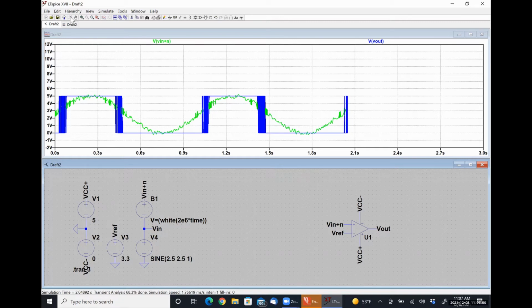So it doesn't matter what frequency our circuit is operating at, it's just going to add a little bit of variation, some above, some below. It has a Gaussian distribution, so you're not going to see a spike of 1,000 volts or anything like that. It's just going to be in a little bitty range around the input signal.